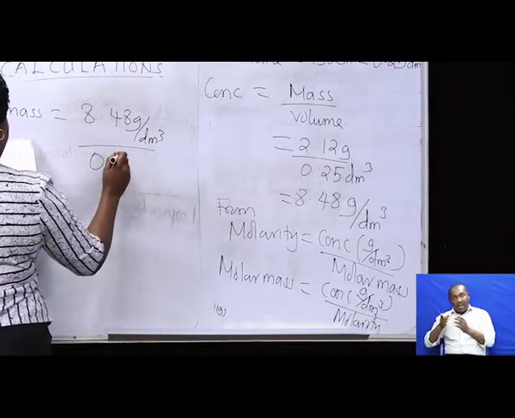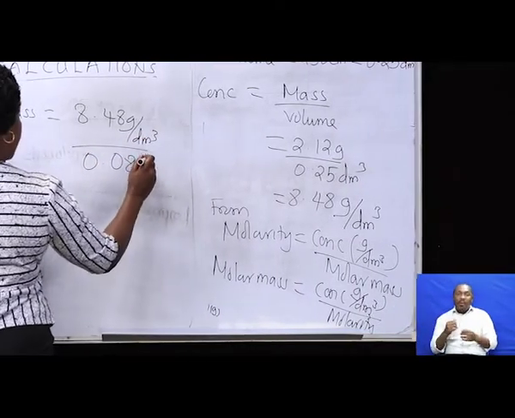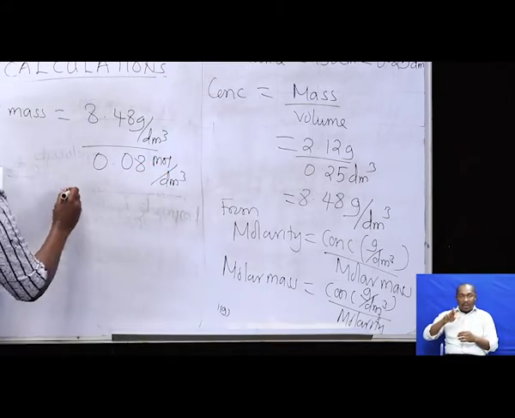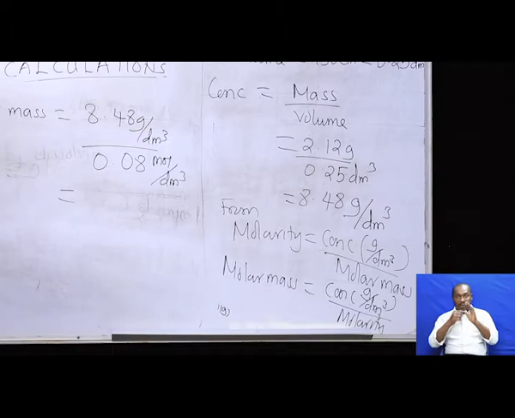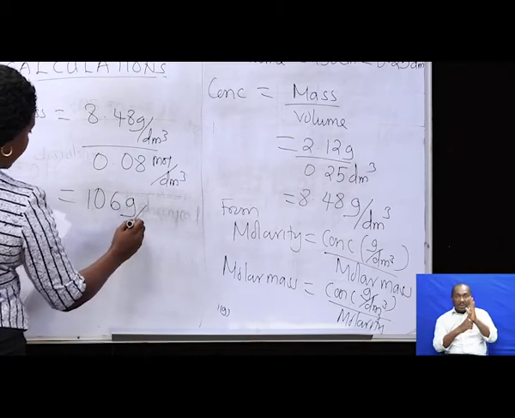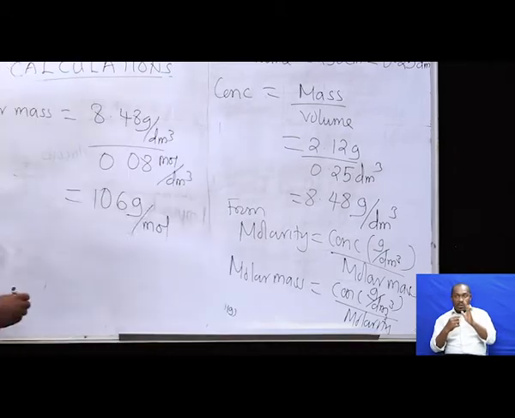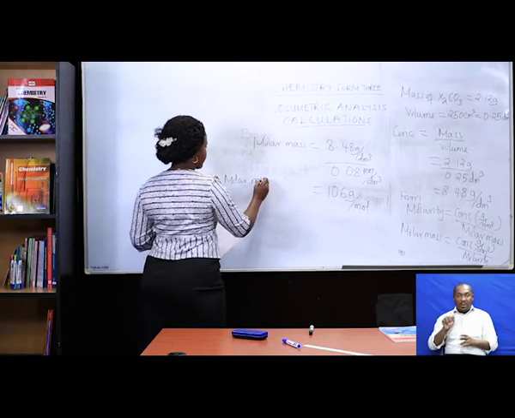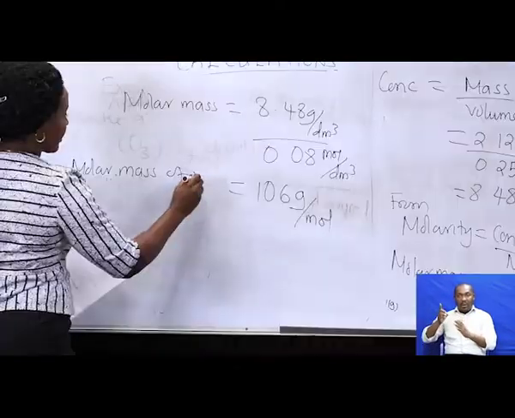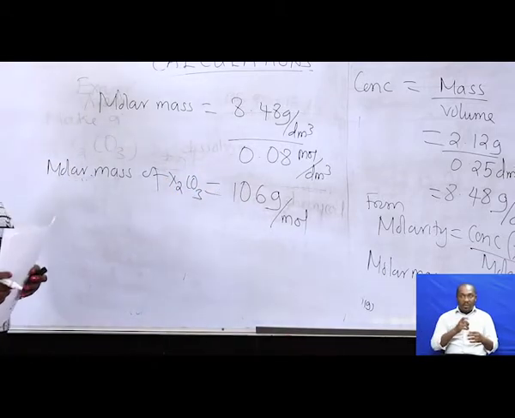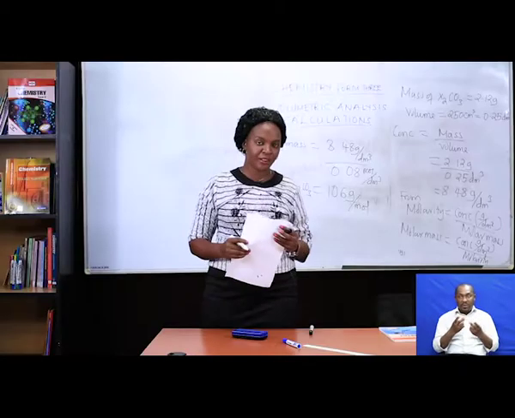Molarity was 0.08 moles per cubic decimeter. If you compute very well in your calculator, you're going to get the answer, which will be 106 gram per mole. So the molar mass of X2 carbonate equals 106 grams per mole.